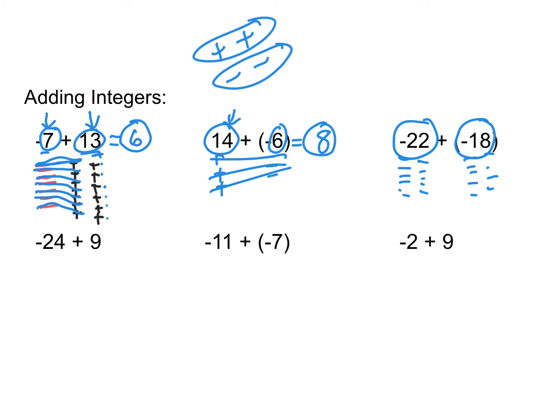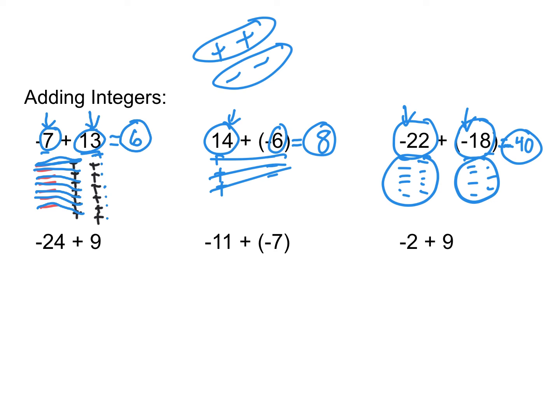I'm going to add them. So I have 22 and 18 added together. I have 40. Same signs, add, I did it, and keep. Keep them whatever sign they started as. Because when I put a bunch of negatives with a bunch of negatives, I'm going to get a bunch of negatives. So my answer will be negative 40.